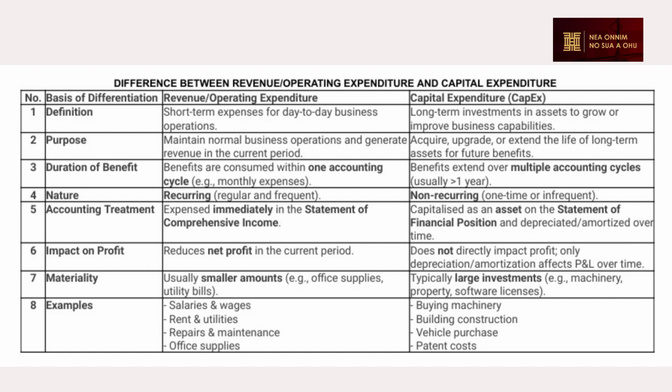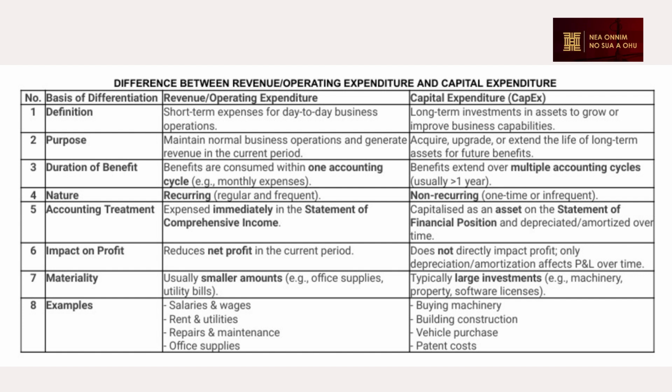The first being their definition, the second being their purpose, the third being the duration of benefit, the fourth being the nature, the fifth being their accounting treatment, the sixth being their impact on profit, and then the seventh being their materiality.